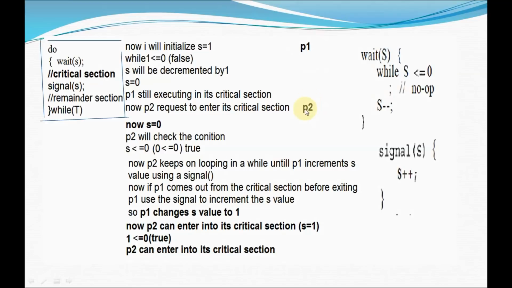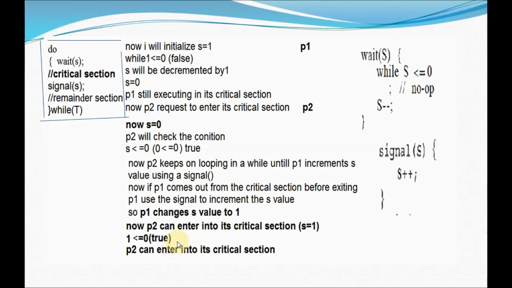When P2 requested to enter its critical section, it was not possible. P2 keeps on looping in the while. When P1 finishes its execution, while exiting it changes the value of S to 1 again. When the value of S becomes 1, the condition in P2 becomes false. Now P2 can enter into its critical section and execute.